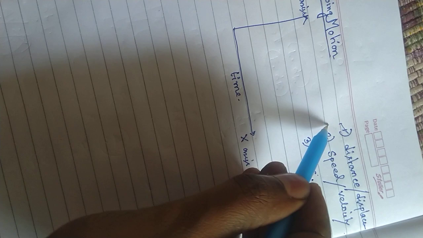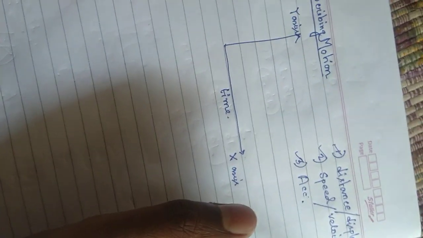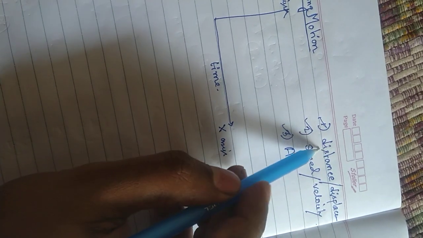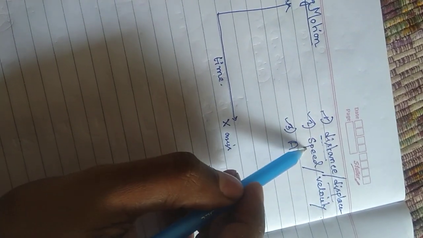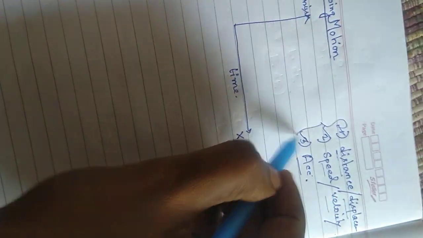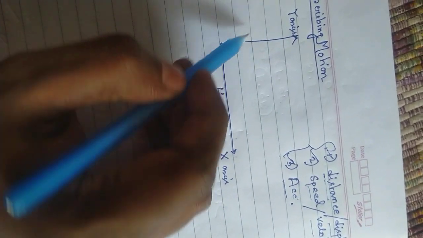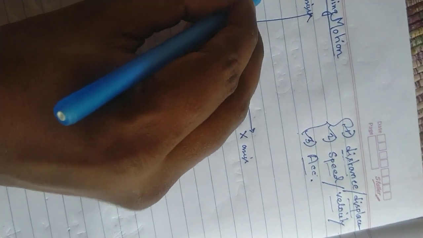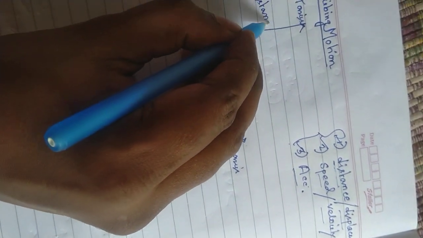So there are three different physical quantities which we can plot along the y-axis: distance or displacement, speed or velocity, or acceleration or retardation. Each of them is plotted along the y-axis. So first of all, we can draw the distance time graph.